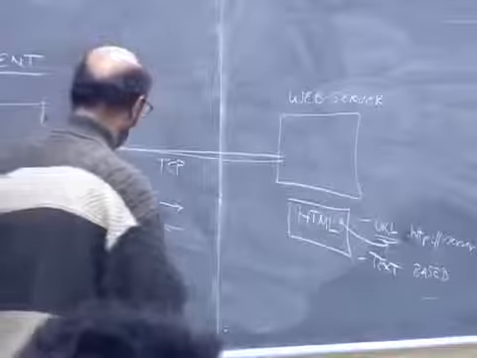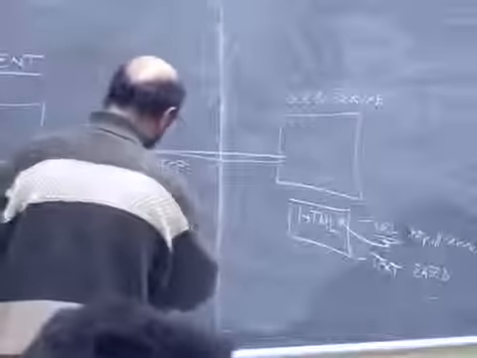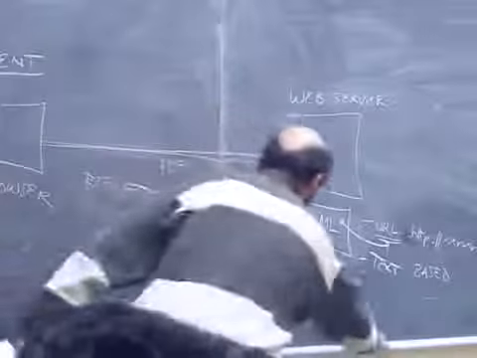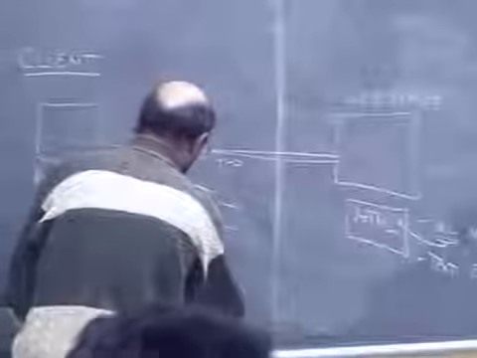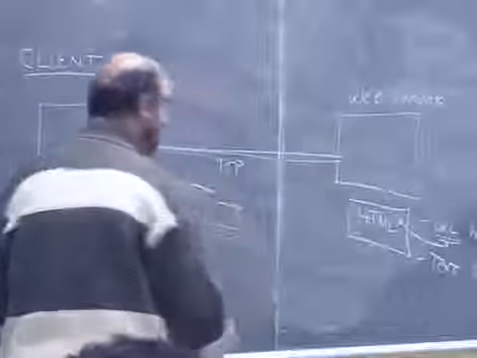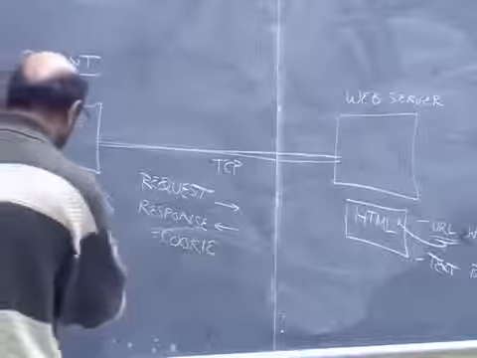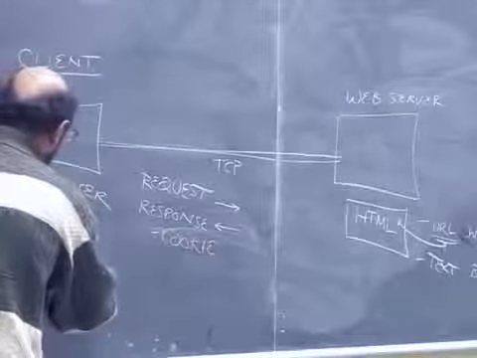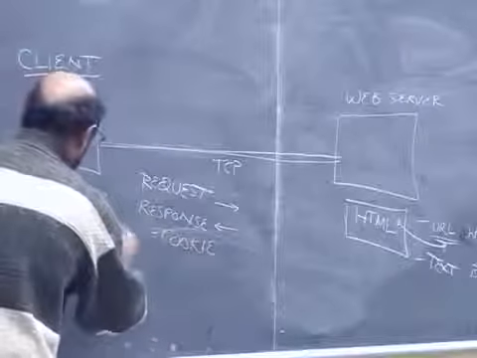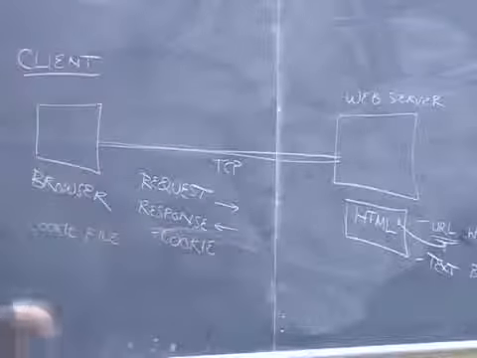And so the way it's done is like this. When the response comes back, part of it is something called a cookie, which is just a long number, just a string or a number. And what the browser does is it keeps it in a cookie file. It stores it.